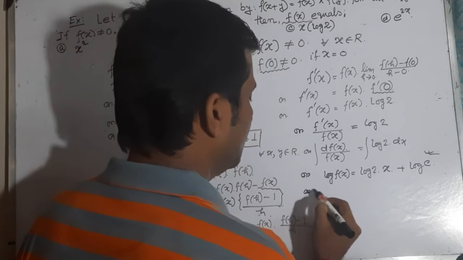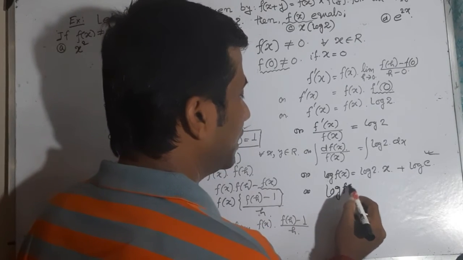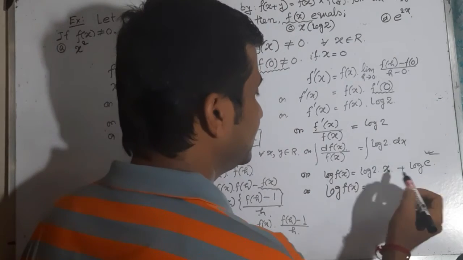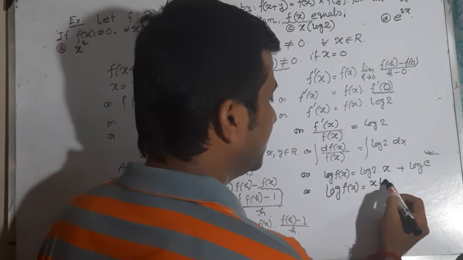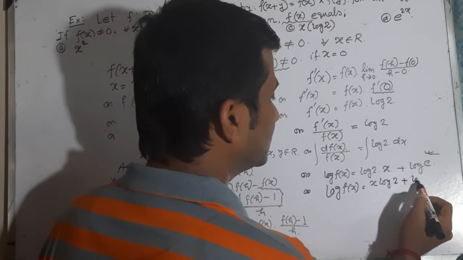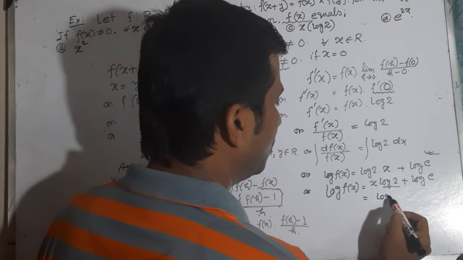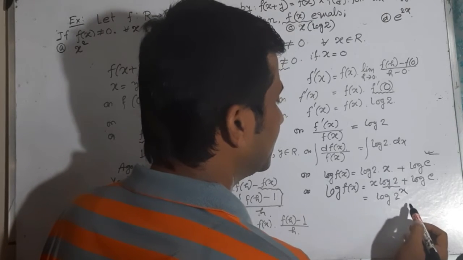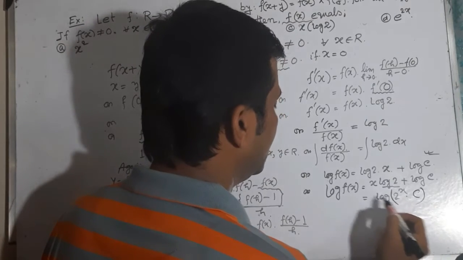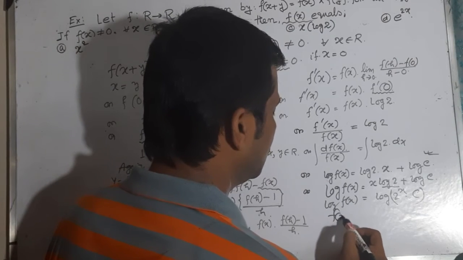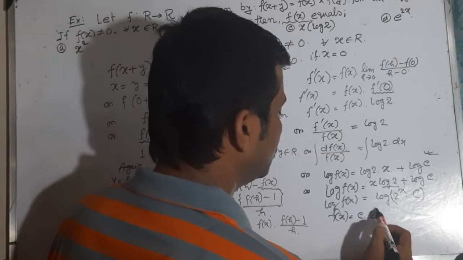Or log f(x) is equal to x log 2 plus log c. This can be written as log of 2 to the power x into c. So f(x) is equal to c into 2 to the power x.